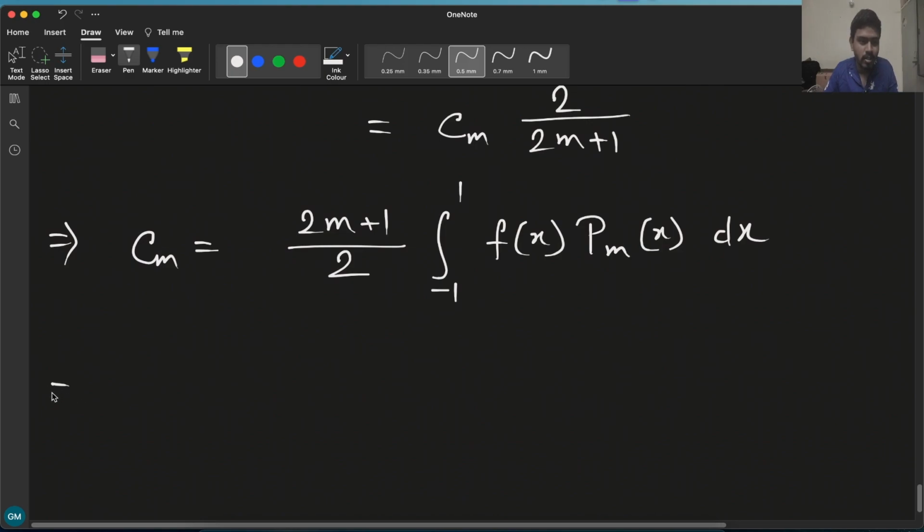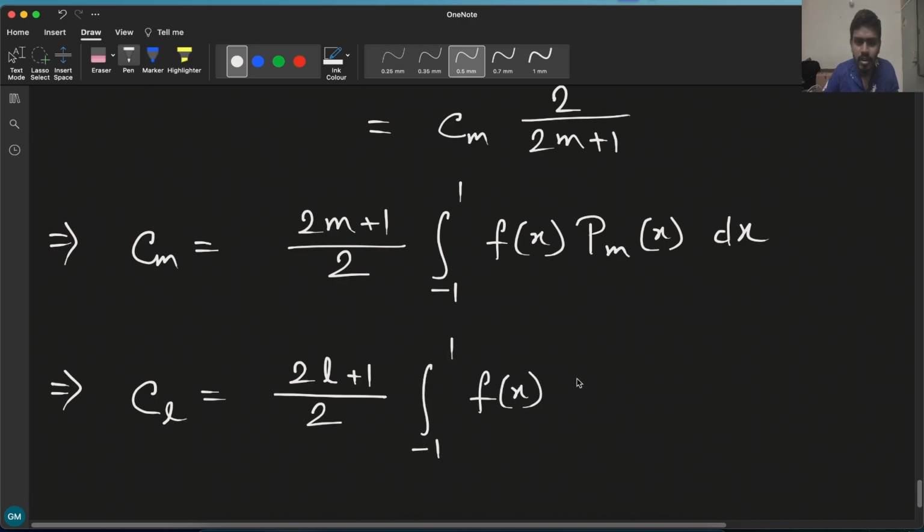Here m is just an index, so instead of m, I can write L. If I want to find C_L, then I am replacing m by L: (2L plus 1) by 2, times the integral from -1 to 1 of f(x) P_L(x) dx.